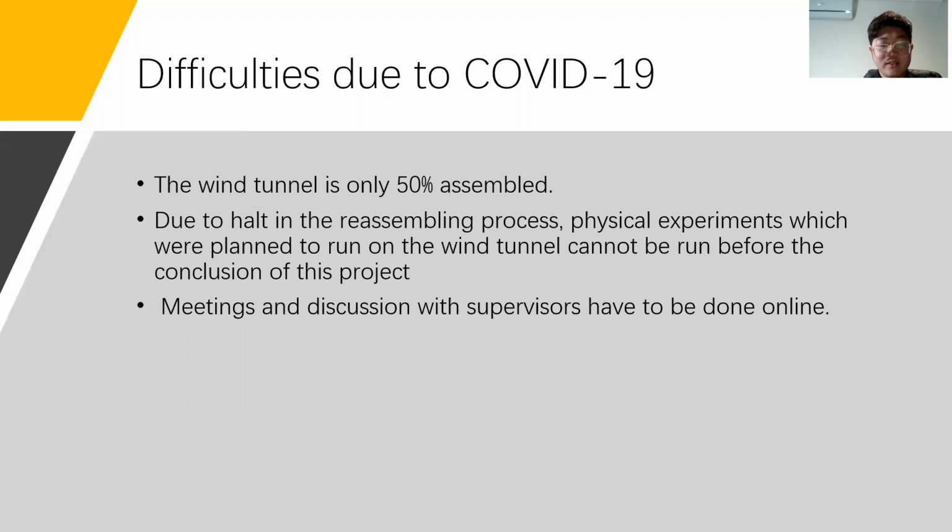This has several implications on our project. Some of our goals can't be achieved anymore. For example, we can't finish the assembling in time, and we can't run experiments on the wind tunnel before the end of the project.